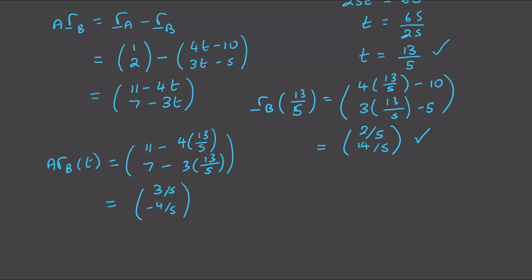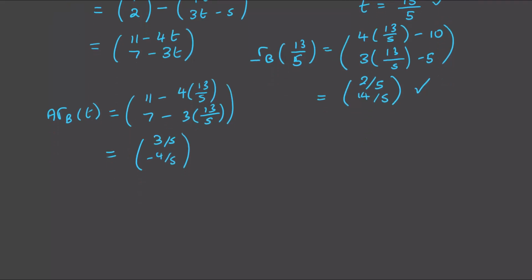So that's the position of A relative to B at closest approach. So essentially, since it's relative to B, if B is here, then A would be here, such that this distance is 3/5 and this distance is 4/5.